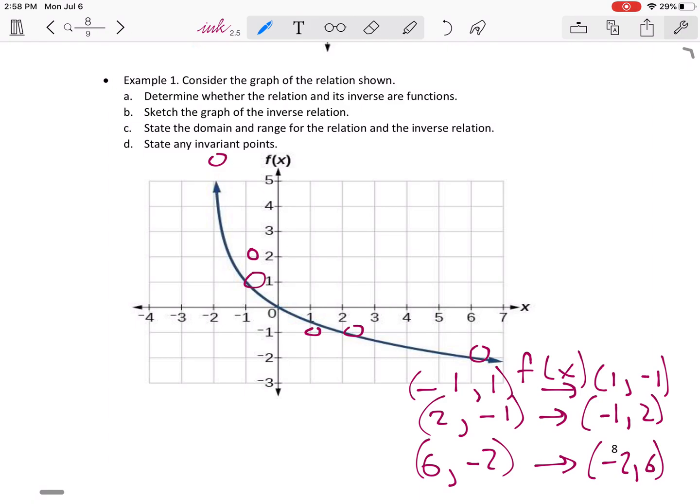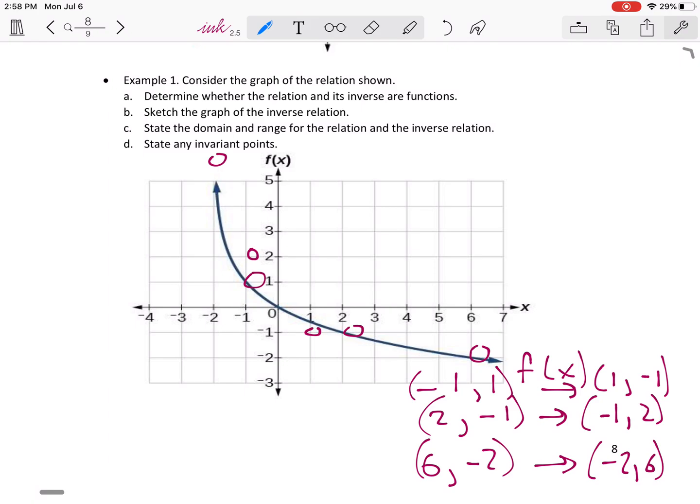Okay, so your function's going to look like that. Actually, let me just do that again here.